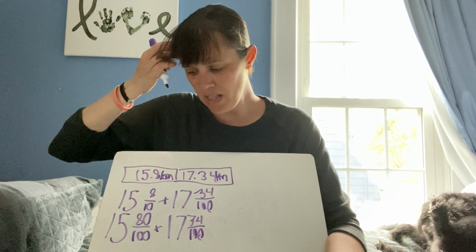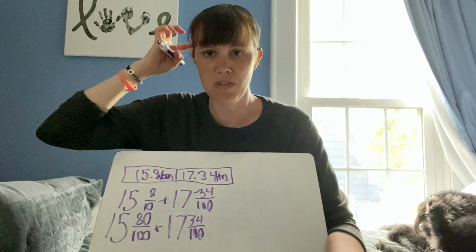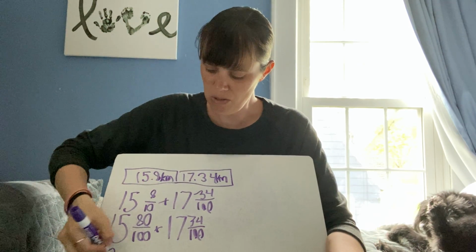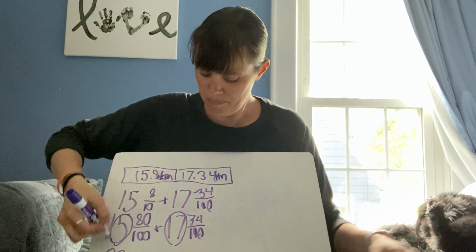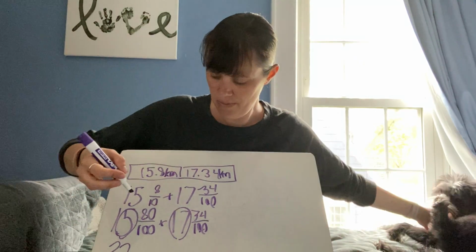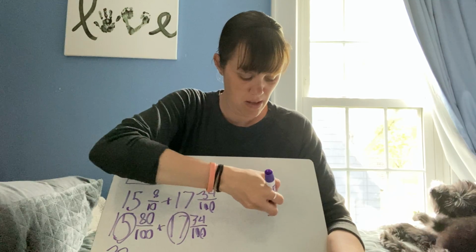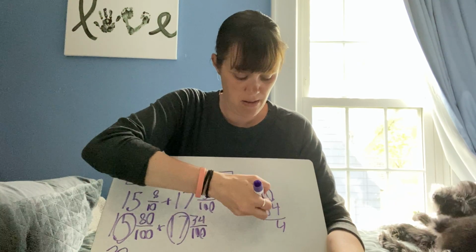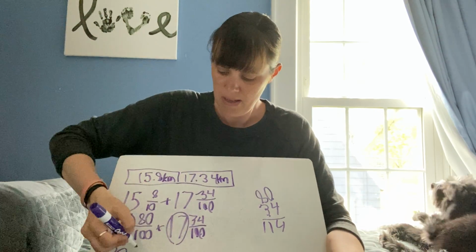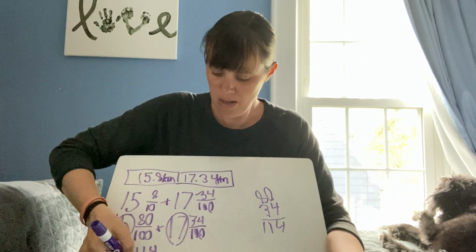Okay, 15 and 17: 15 and 15 is 30, plus 2 is 32. 80 and 34: if you need to, go off to the side. Add 8, 9, 10, 11, that is 114 hundredths.